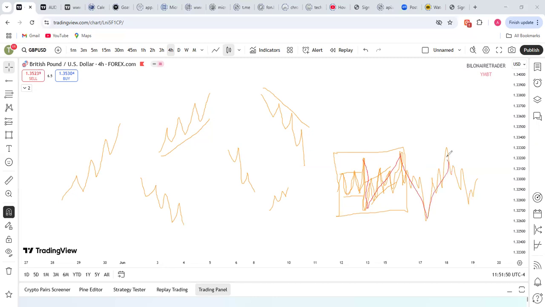Maybe this came to take out this high, give us a high here, and then we can clearly say this is a bearish market. But inside of that bearish market, we could see a form of range here because the market was not so clear. Inside of this same bearish market, we could see a little buy push up here, higher high, higher low, higher high, higher low, higher high.